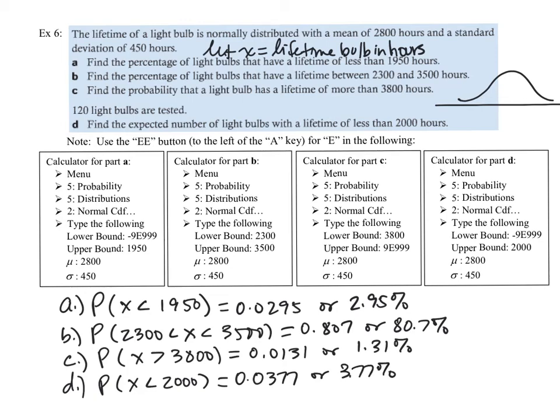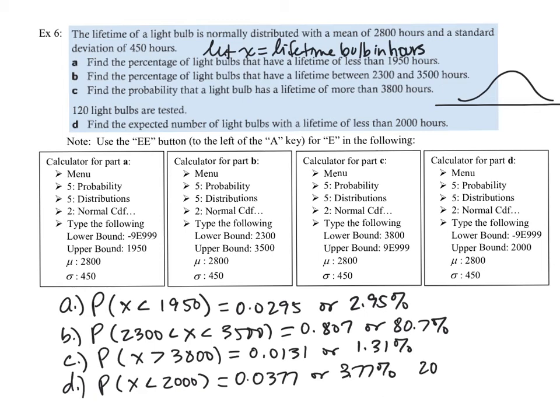Now, that's not the answer to the question. Remember, the question was, find the expected number of light bulbs out of 120 that have a lifetime less than 2,000 hours. So to get that expected value, we need to take our probability and multiply it by the number of bulbs.